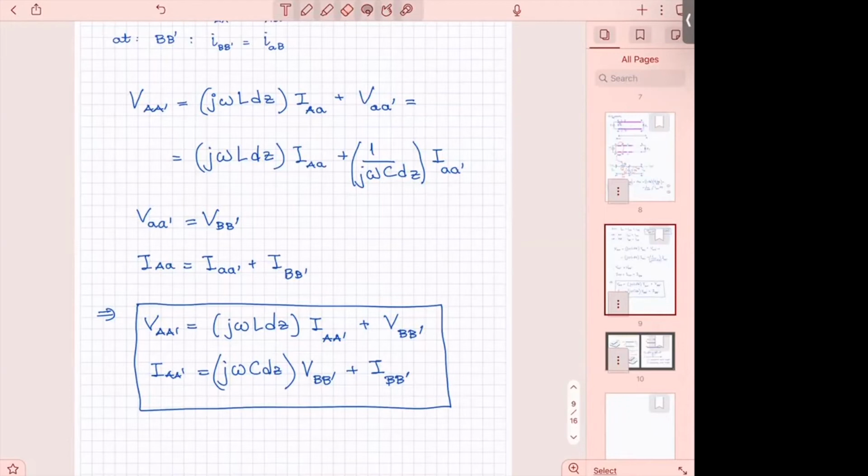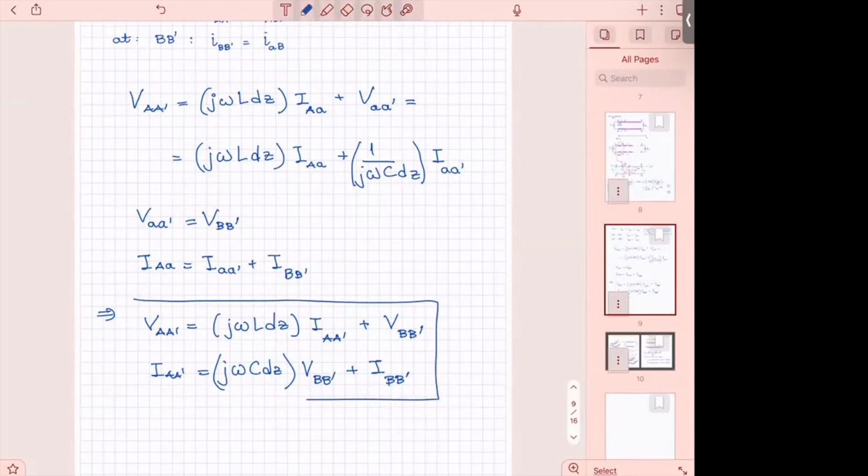And this is very important. Why is that important? Because now I have a relationship between the input voltage and current and the output voltage and current. So for example, if I assume that this is known and this is known, then from here I can find this and this.